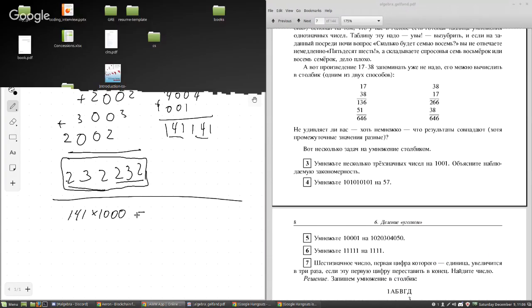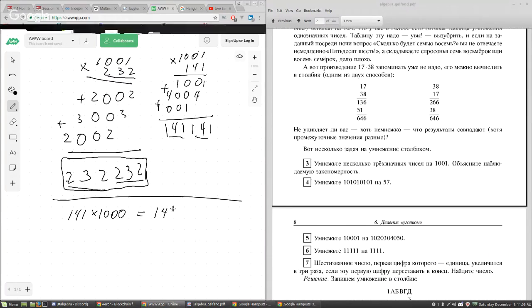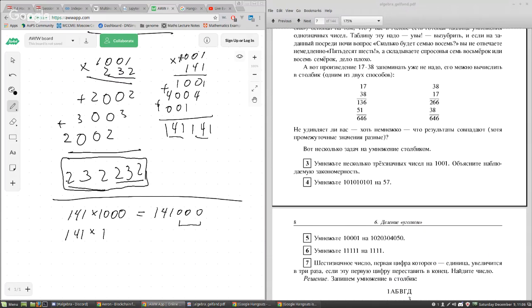So when I multiply by 1000, I'm going to add 3 zeros. 1, 2, 3. So look, we have 3 zeros at the end here. And then what am I doing? I'm also multiplying it by 1, right? 1001. And 141 times 1 is, of course, 141.